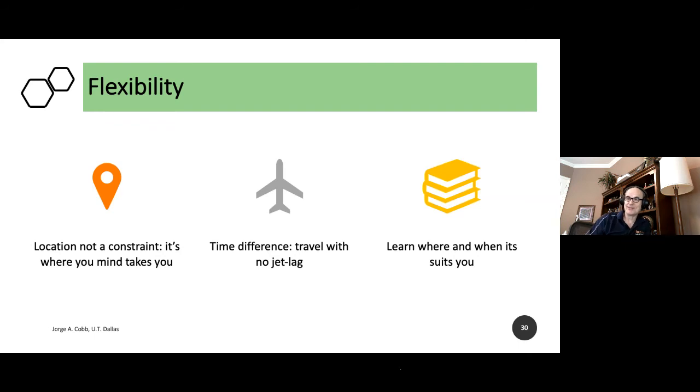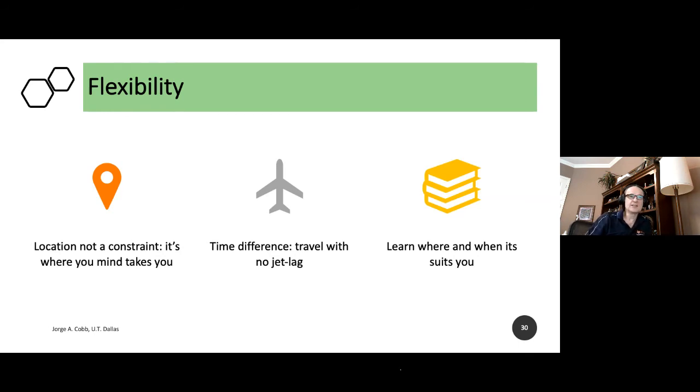You don't have to worry about jet lag, which is a pain every time I go to an international conference. Some of our classes are offered very early in the morning to make it easy for people on the other side of the world. One of my classes, discrete math, which is taken by a large number of new graduate students or master students, I teach very early in the morning, precisely to give more accessibility to people.